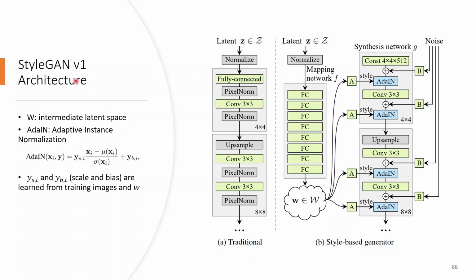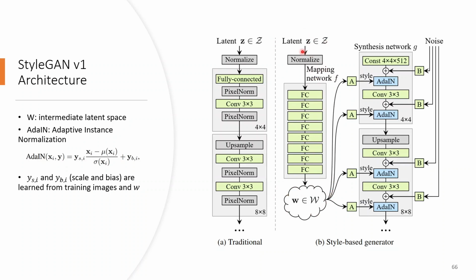In StyleGAN v1, they create this mapping network f. It means from a random variable, usually a Gaussian distribution, through this mapping network with many layers, they create another distribution in a latent space W.